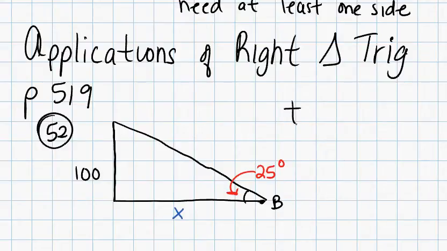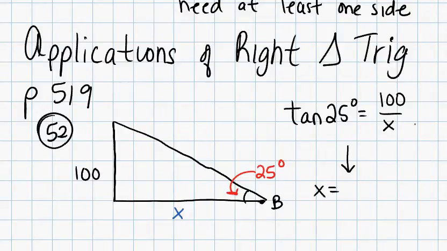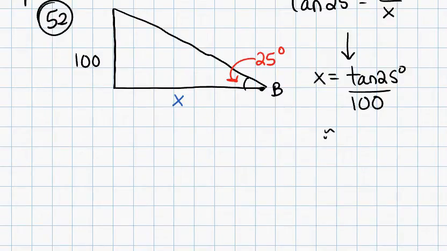So we shall use tangent 25 equals 100 over x. If you cross multiply and divide, then x equals 100 divided by the tangent of 25, which comes out to approximately 214.45 feet.